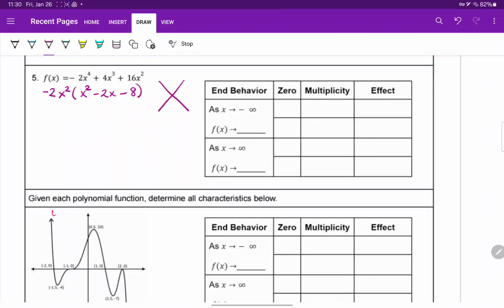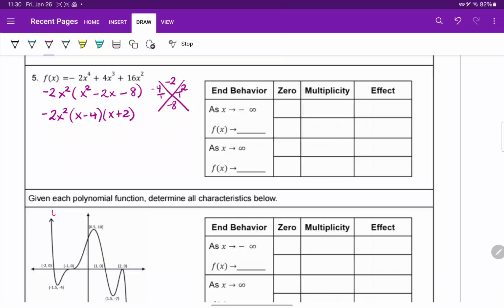Then for my x method, I'm going to look for something that adds to negative 2, multiplies to negative 8, and my leading coefficient is a 1. All right, so negative 4, positive 2, so negative 2x squared, x minus 4, x plus 2 is my factored form.